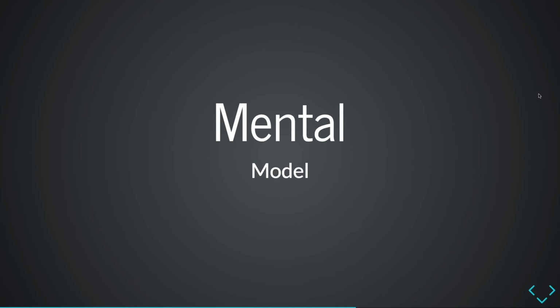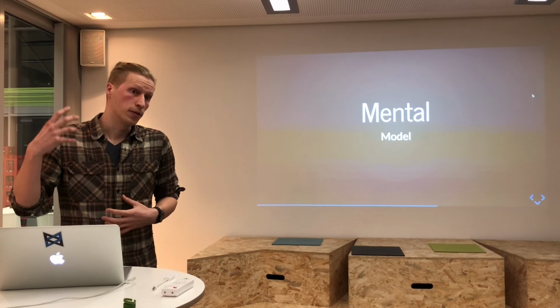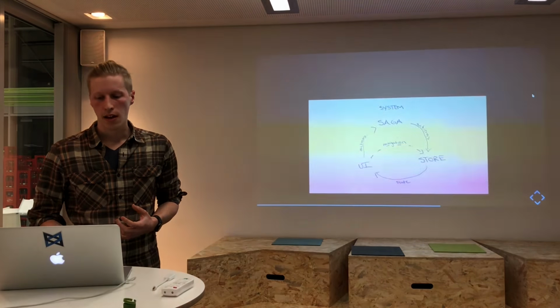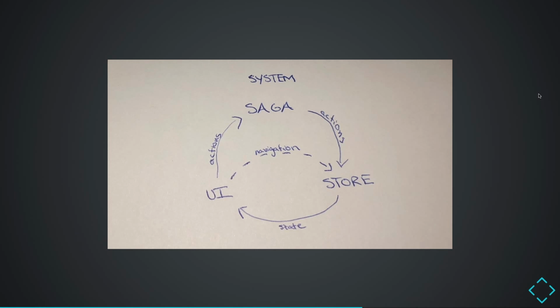So putting this system together, one must form some sort of mental model for how it all works. And this is the picture that I've come up with. It's unidirectional. There are three independent modules, the UI dispatching actions into the Saga system dispatching actions to update state, and the UI reacting to those state changes to re-render. Of course, there's this little dotted line called navigation.